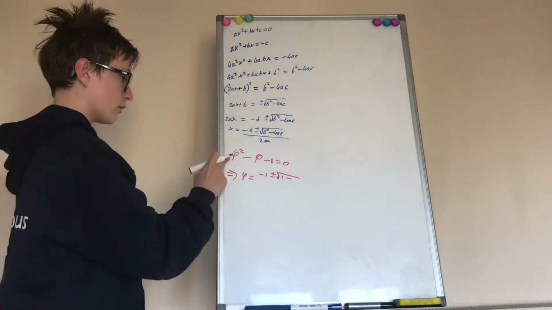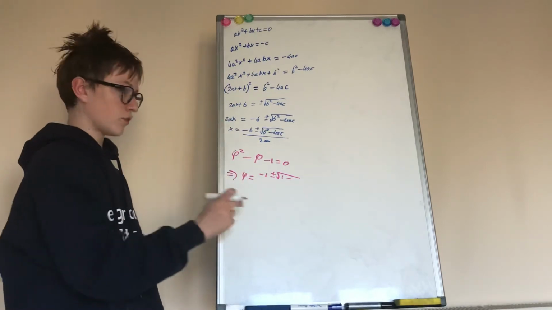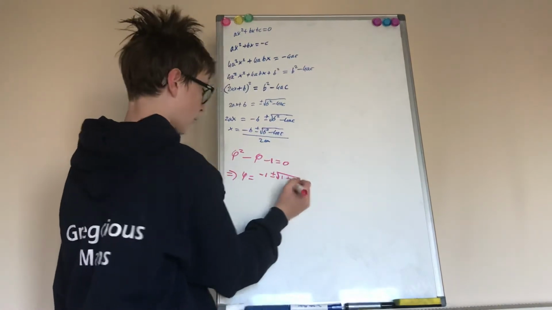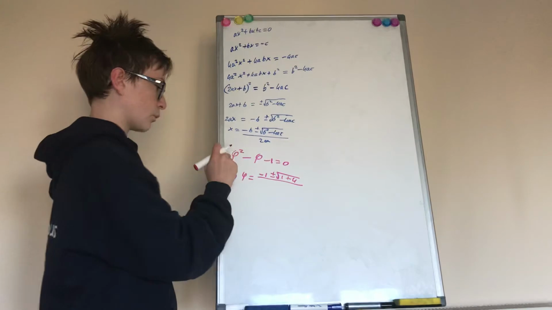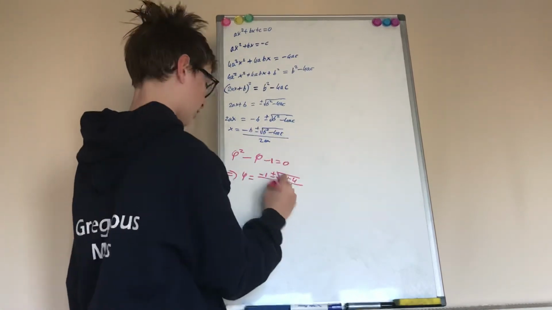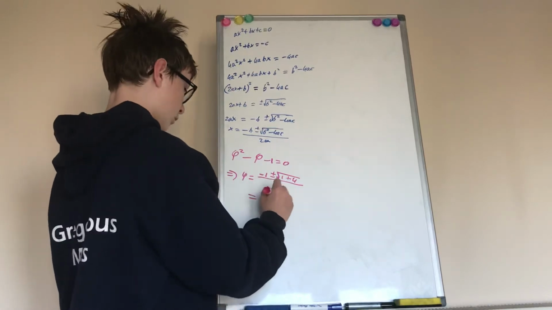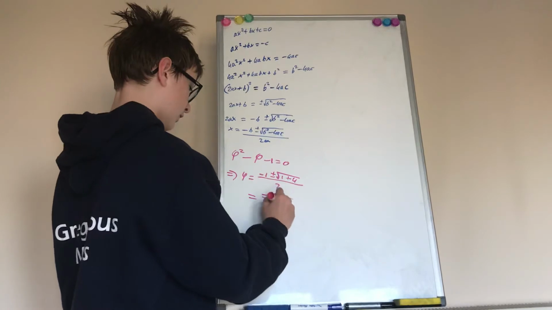Well, a is 1, c is negative 1, so minus times minus becomes plus 4, and then divided by 2a, which is 1 times 2, which is 2. Now, this equals negative 1 plus minus the square root of 5 divided by 2.